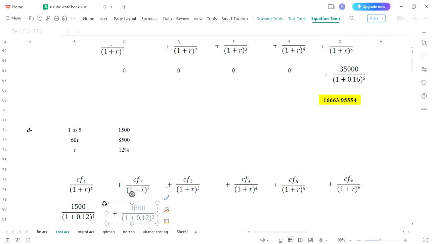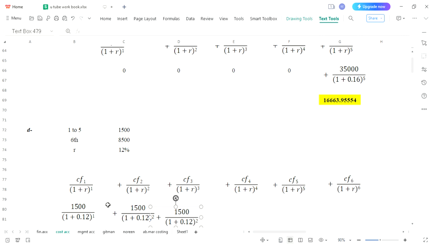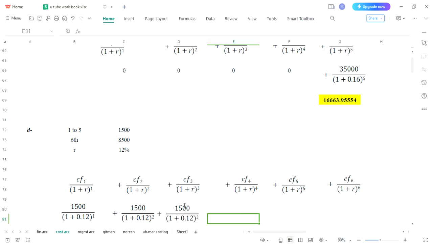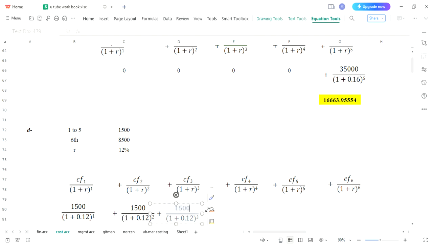For the third, we will use the same values except the value of n would be changed, and now instead of 2 we have 3. Understand it? The third cash flow is similar because the 1 to 5 cash flows are the same, 1500 first, second, third, and we will use the same up till 5 only by changing the value of n. So come over here.